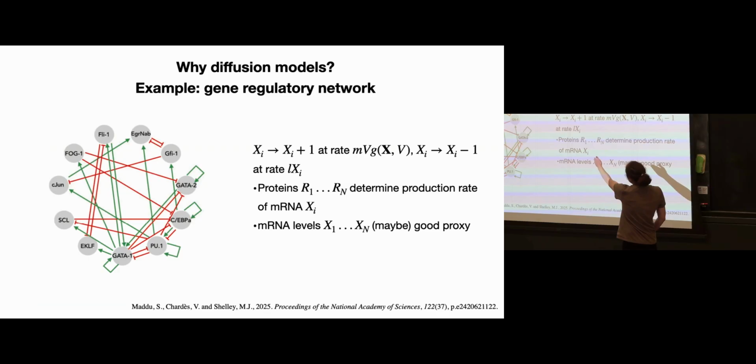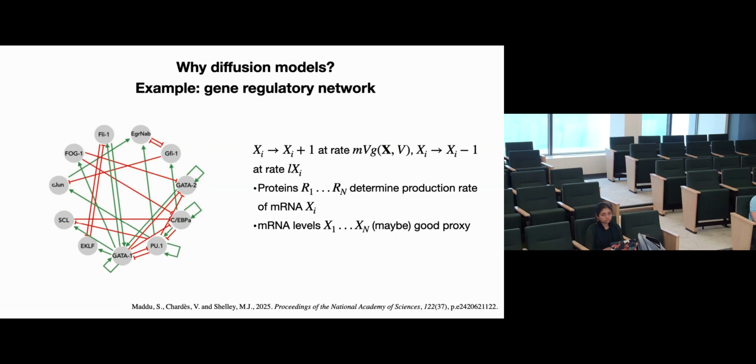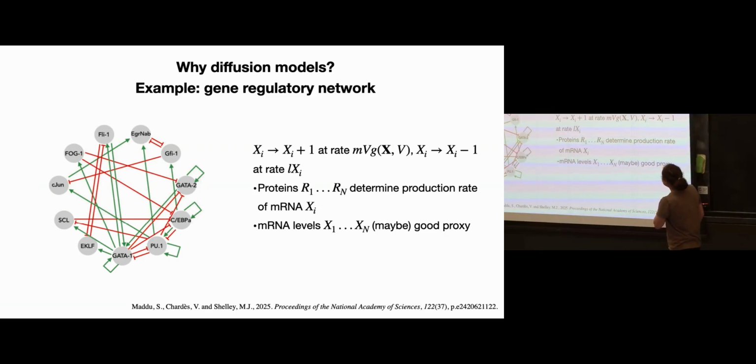species X gets another molecule, and this is determined by the levels of all of the different regulators, which in reality are probably proteins, but the hope is that the mRNA levels of those molecules are a reasonably good proxy. In this formulation, there's also V, which is the reaction volume in the cell.